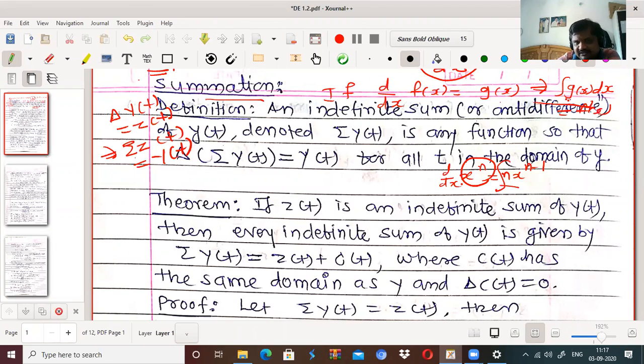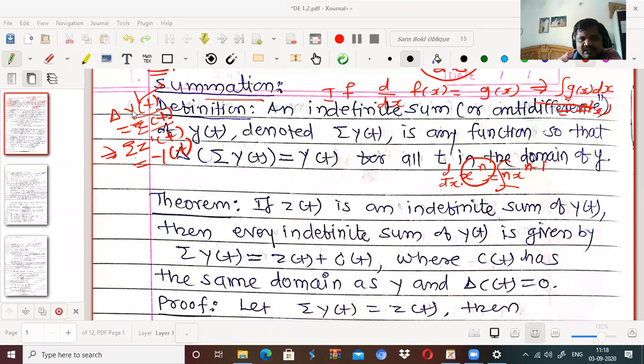Just as if derivative of f of x is g of x, we say integral of g of x is f of x, in the same way, if delta of yt equals zt, then we say summation of zt equals yt. So summation is nothing but anti-difference of a function. Okay, this is a clear concept.